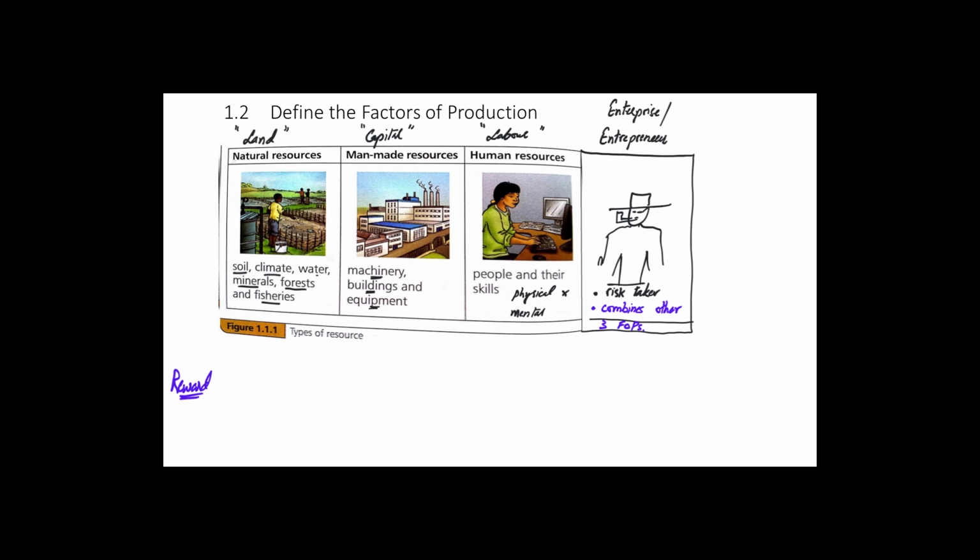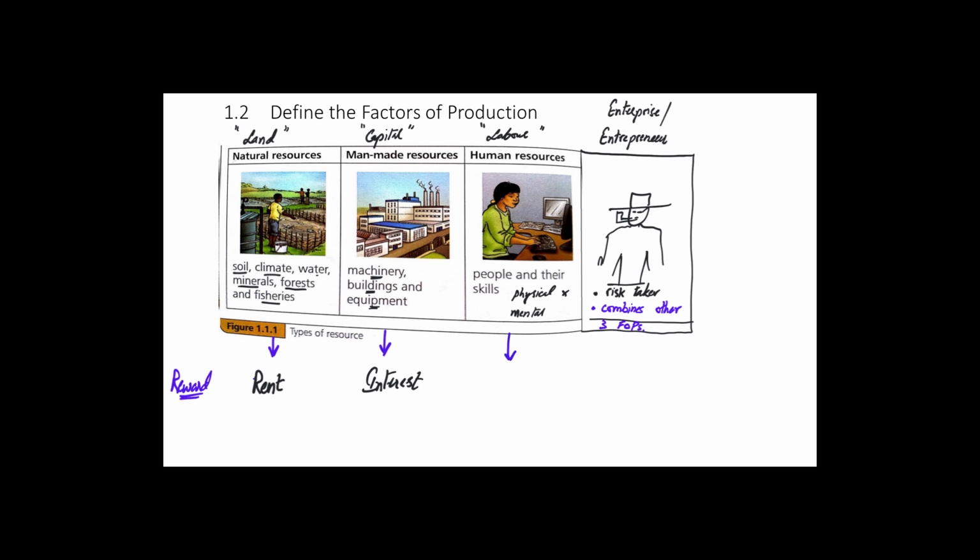So then we talk about the rewards that you get for each factor of production. The reward for using land is the rent you get. The reward for capital is the interest that you earn.